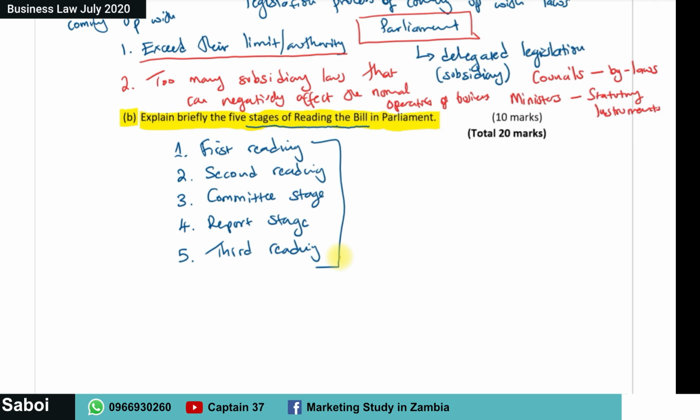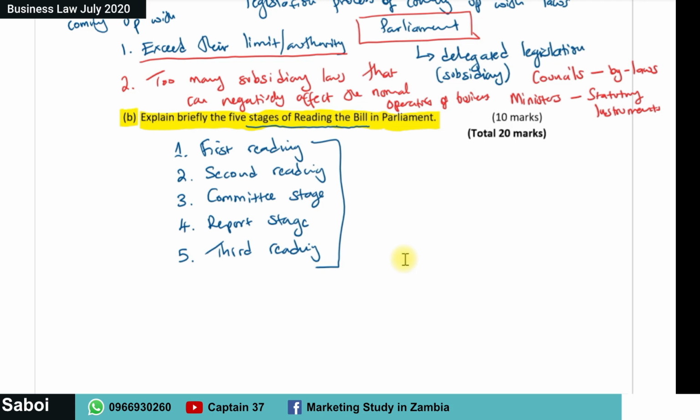At the second stage, the bill is subjected to debate. After these debates, a committee is put in place, or one that already exists, to further look into the issues of this particular bill. The committee then is going to come up with a report.